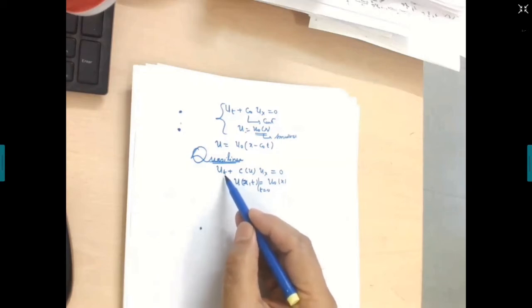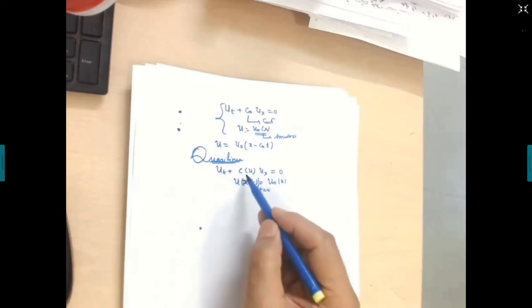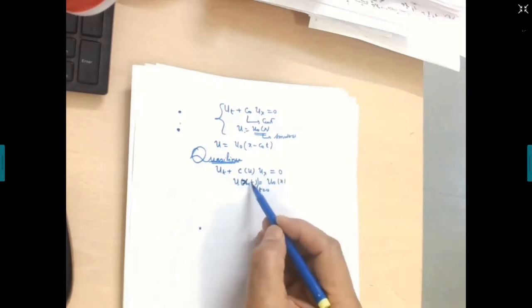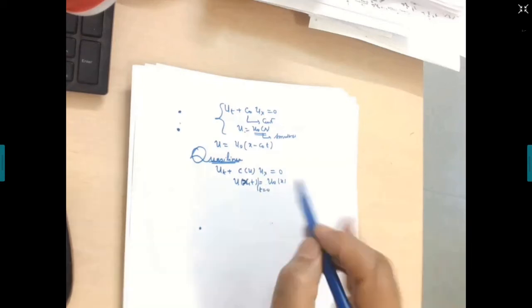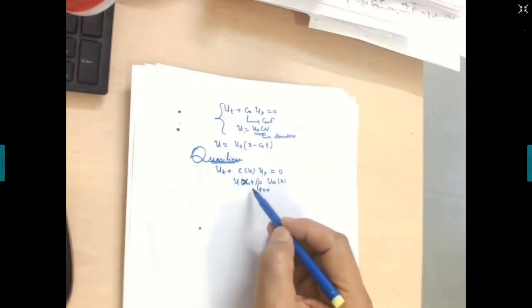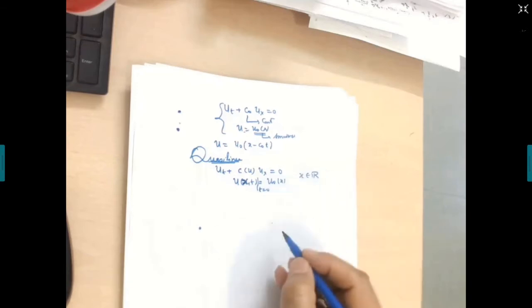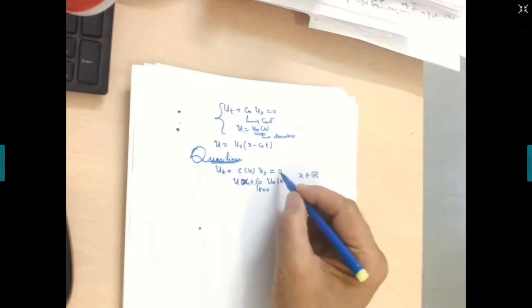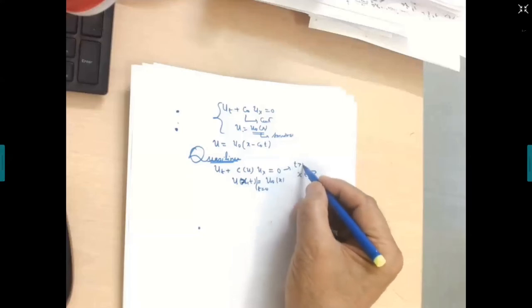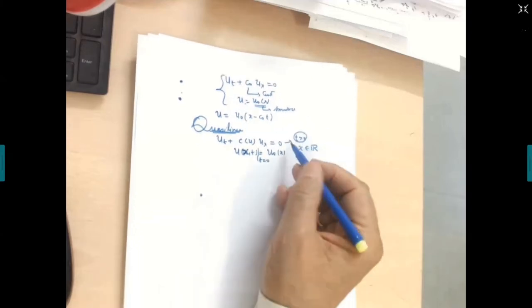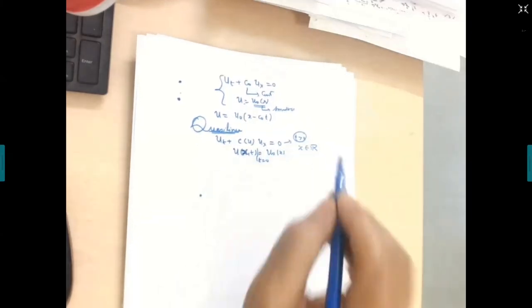So u_t plus c(u) u_x is equal to 0, and this is the initial condition specified: at t equal to 0, u is equal to u naught of x. Here x belongs to the set of reals, and t is greater than 0, because time is always positive. At t equal to 0, the initial condition is specified.